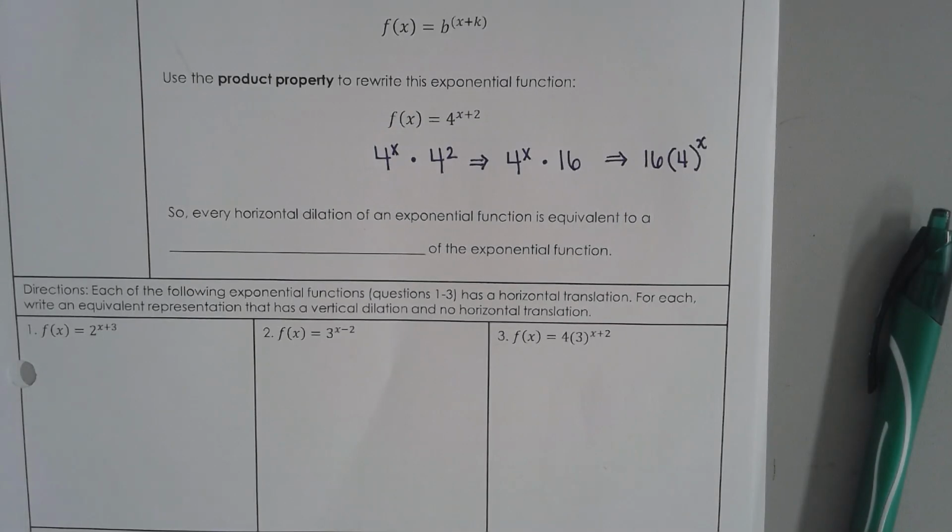So the exact same problem that looked like a horizontal translation, it looked like, because I added to the x, that's left or right. Just using exponent rules, I can move it around.